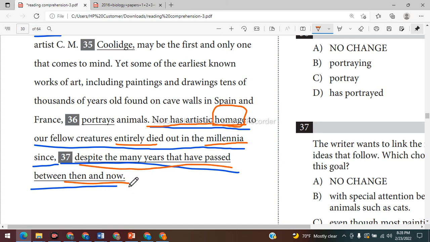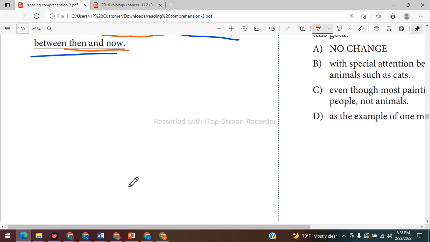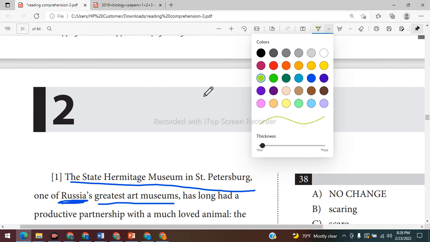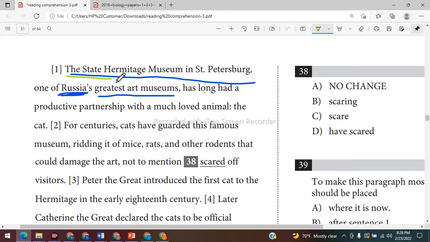And to show that it still continues even today, what example did they use in particular? What example did they use to show that people still do works of art on animals even today? They said that if we look at the State Hermitage Museum, we would see that they depict the cats.